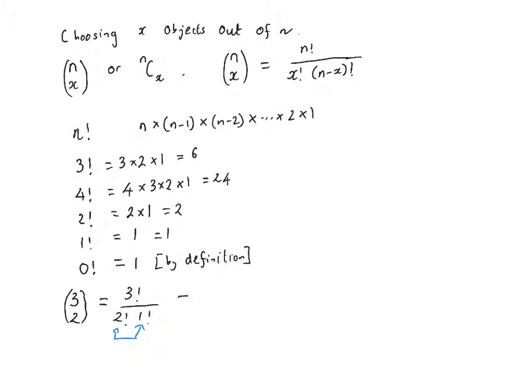So let's now expand that from what we know. 3 factorial is 3 times 2 times 1. 2 factorial is 2 times 1. And then we have the 1 factorial on the bottom. So this is 6 over 2 times 1, which is 3. And that's exactly what we saw above. So this has confirmed the result that we saw above.